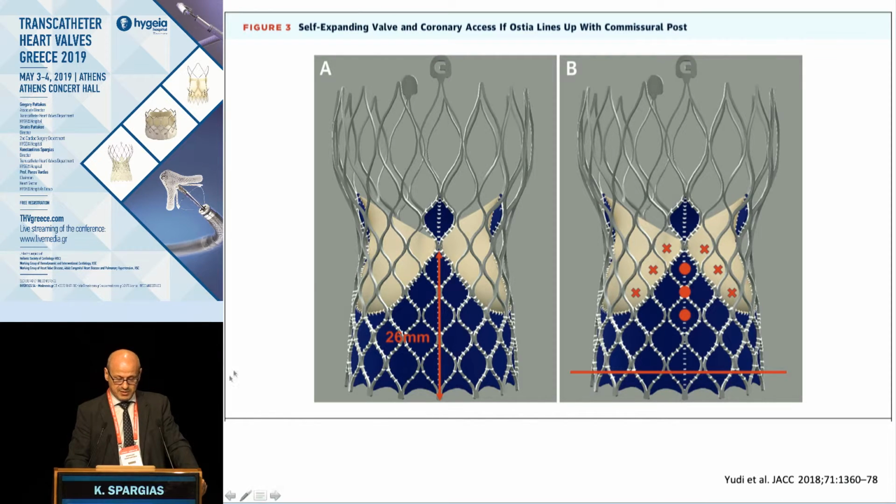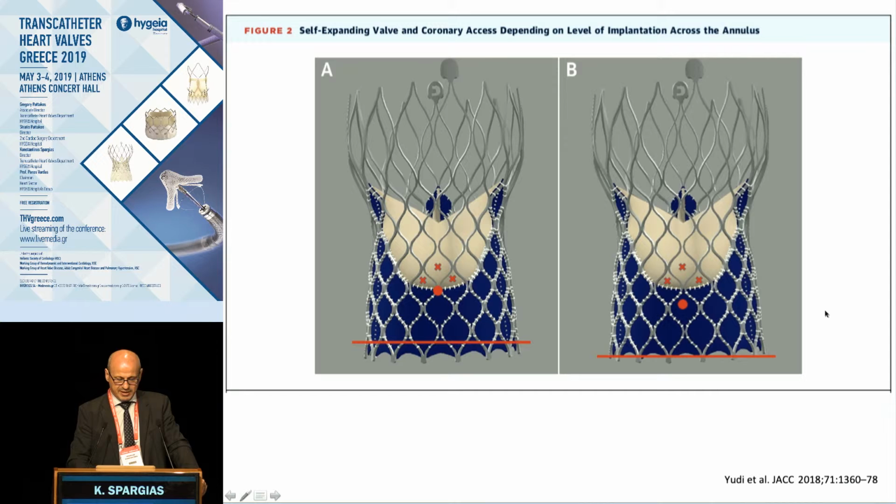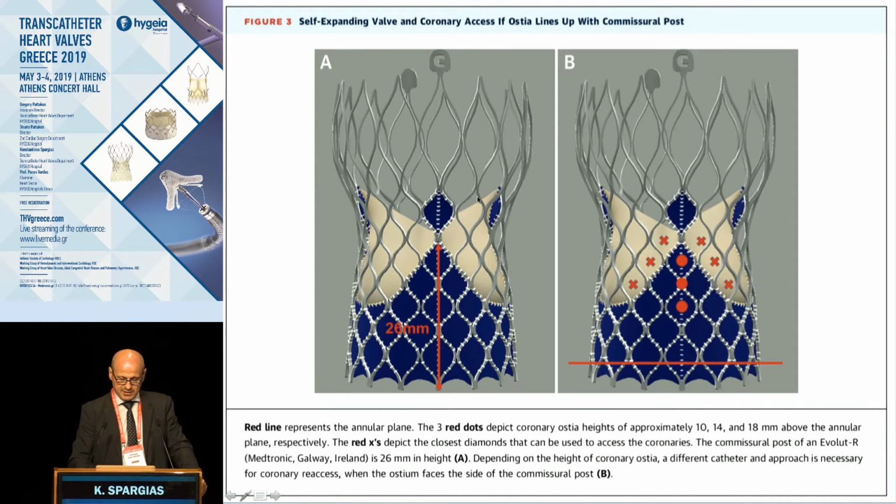It's intended to be there, and opposite to that tab, the C-tab, it's always a connection of the leaflet, so there is no way, if that is in front of one coronary, to get there. So you should approach that coronary from the cells that are the closest to that area, and also the height issues.